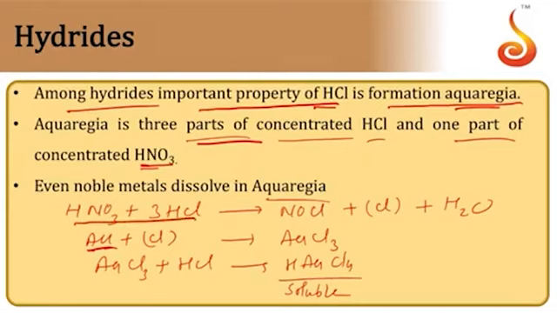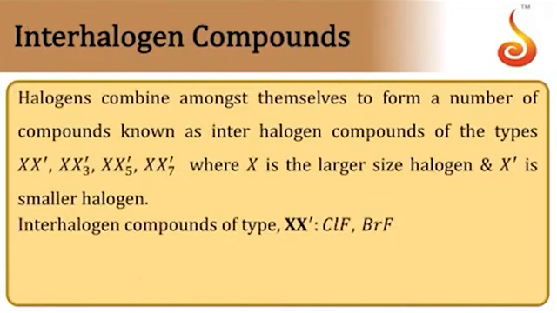HAuCl4 is also known as tetrachloroauric acid. Similarly, we can write reactions for platinum also. Platinum also dissolves in aqua regia. So the importance of aqua regia is that noble metals also dissolve in it, and aqua regia is 3 parts of HCl with 1 part of HNO3.